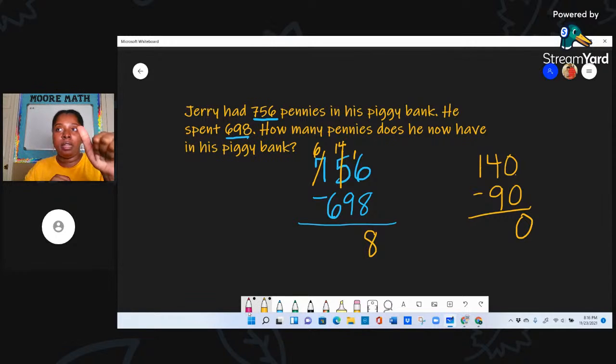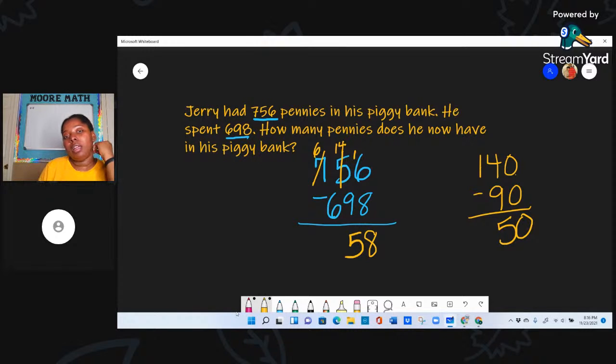So 10, 11, 12, 13, 14. Okay, how many fingers? 5. Okay, so 140 minus 90 is 50, or 14 minus 9 is 5.